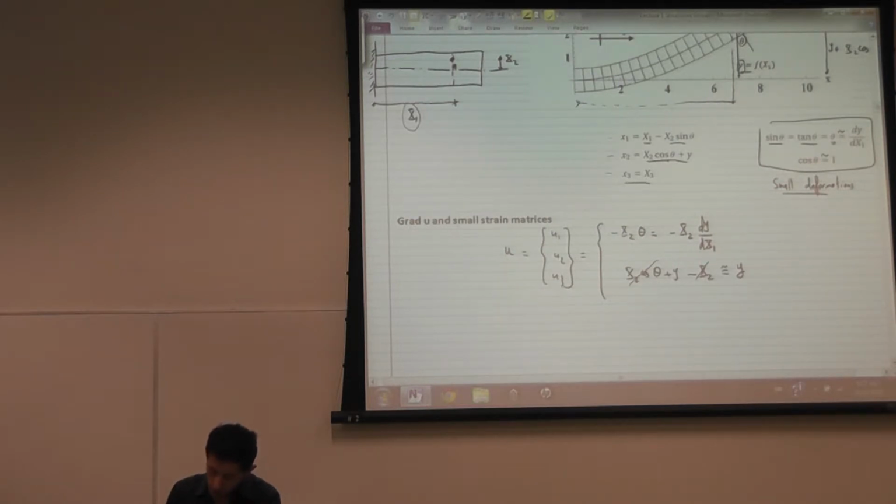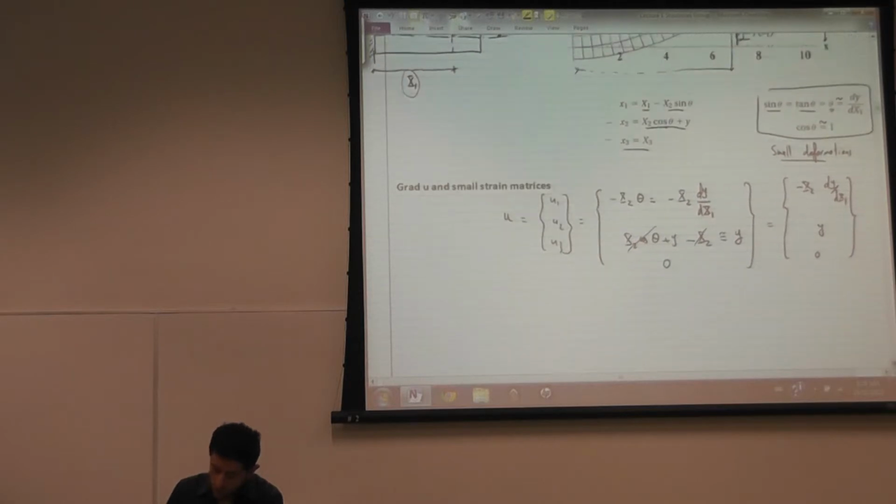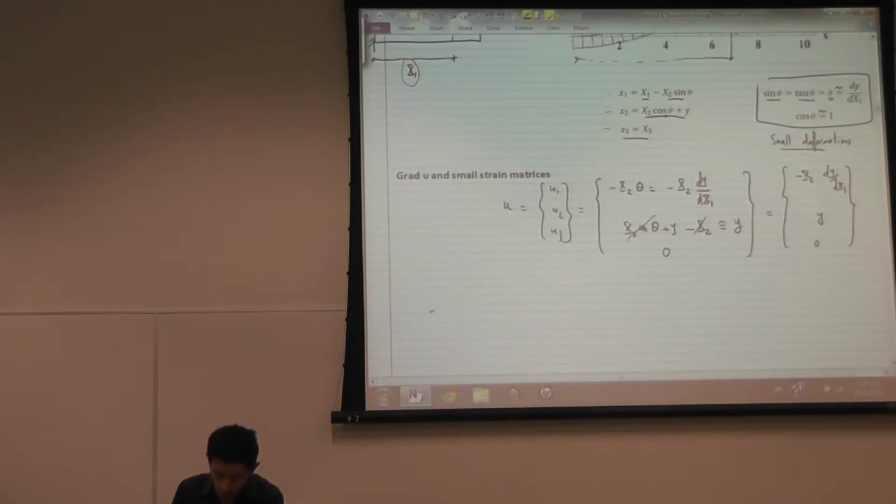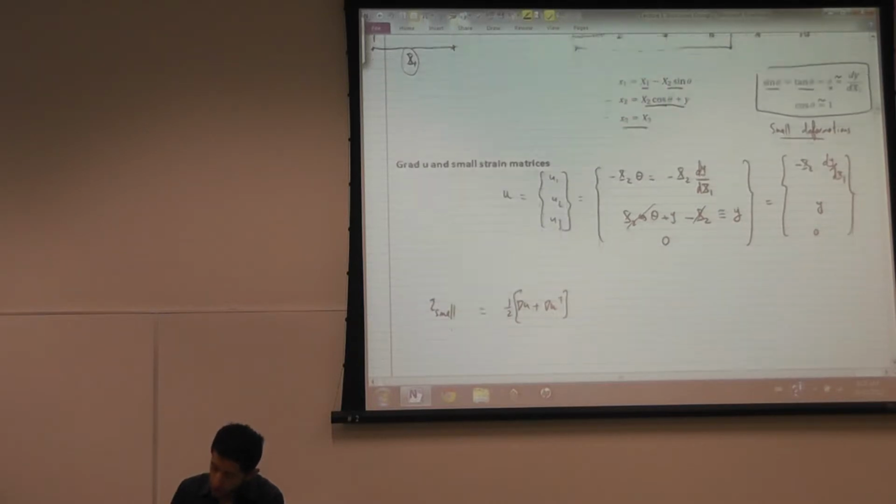And the third displacement is 0. So U is negative x2 dy by dx, y, and 0. The strain, because we're using small deformation, I can utilize the small strain, which is equal to half the gradient of u plus the gradient of u transpose. Well, let's calculate the gradient of u first.